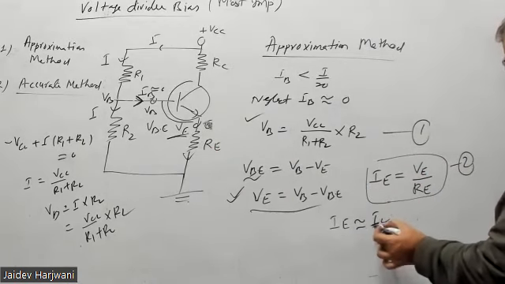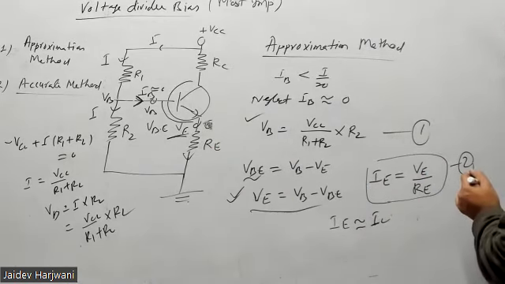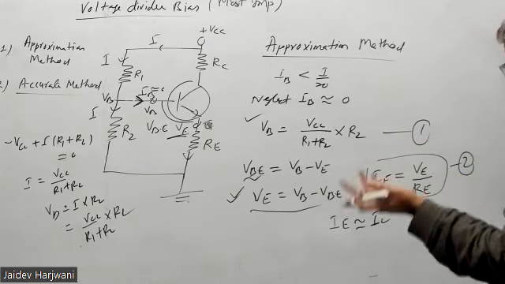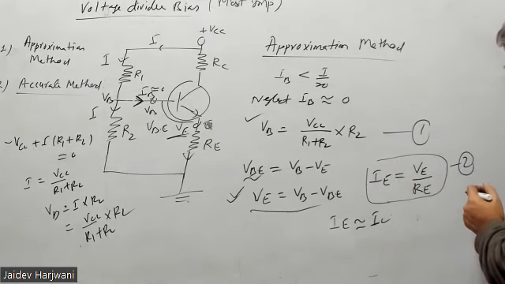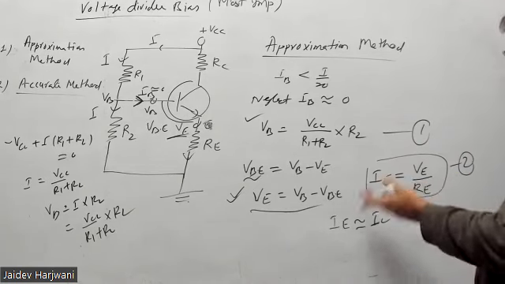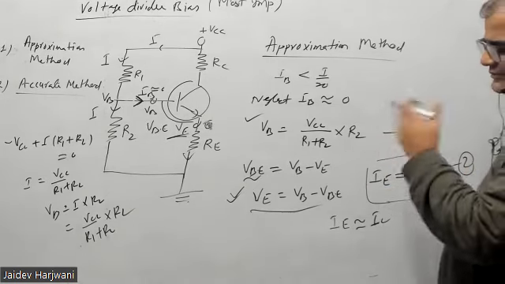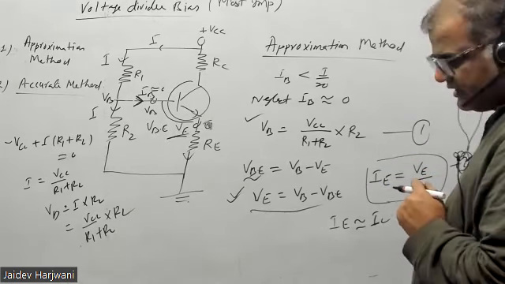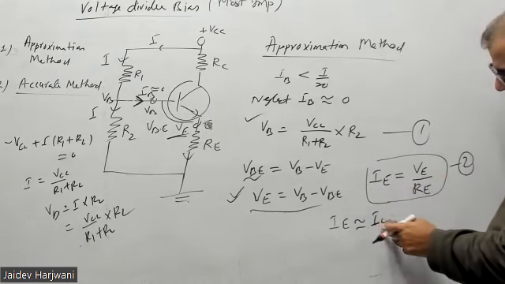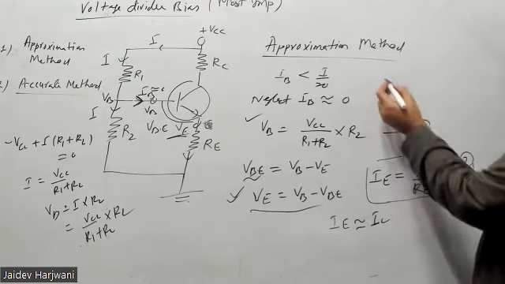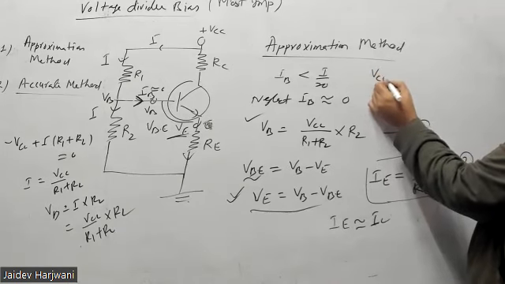So you have calculated IC without knowing beta. There is no dependence on beta. Beta is not coming anywhere in this circuit; it's not affecting it.